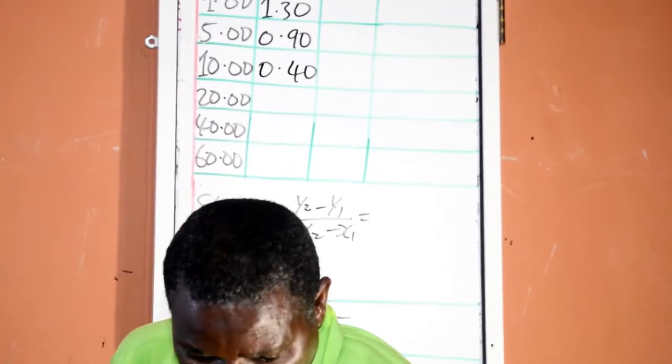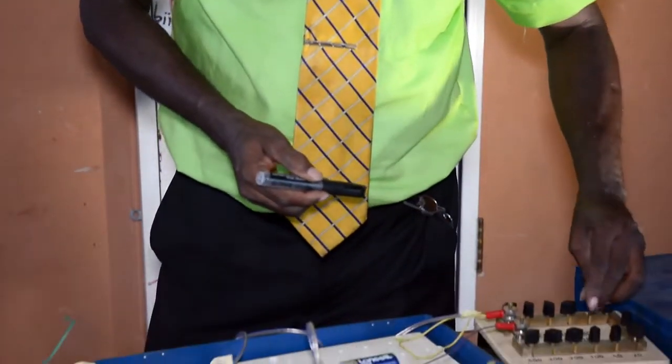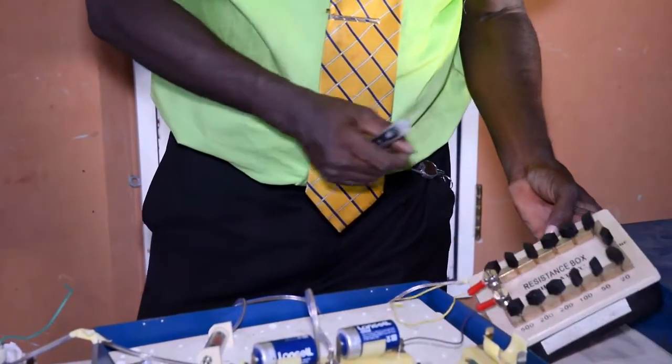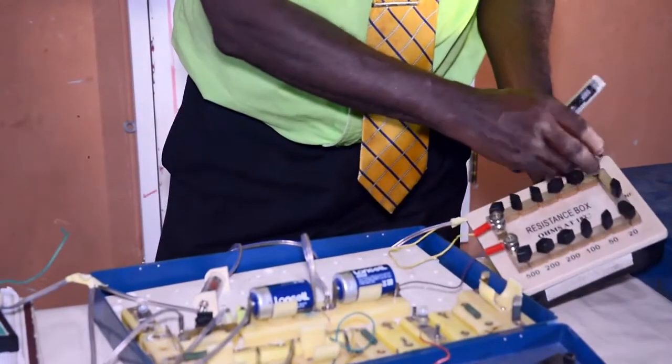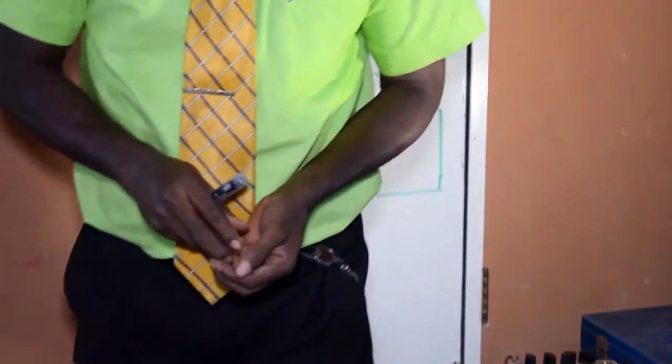When you open the key, replace 10 ohm. The next one is 40 ohm. This is 20 ohm. This is another 20. 20 plus 20 is equal to 40. Close the key.